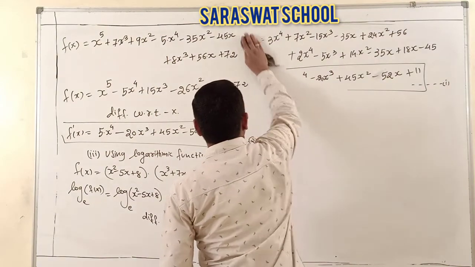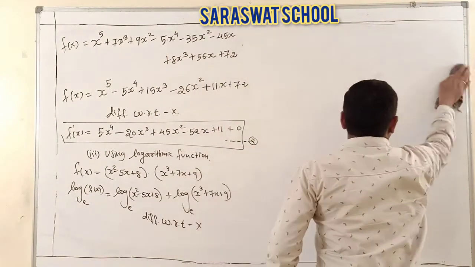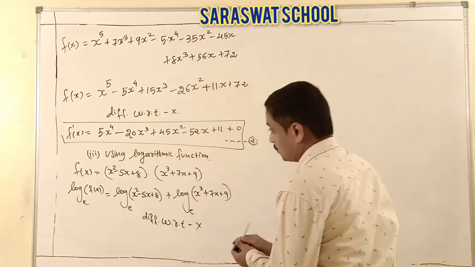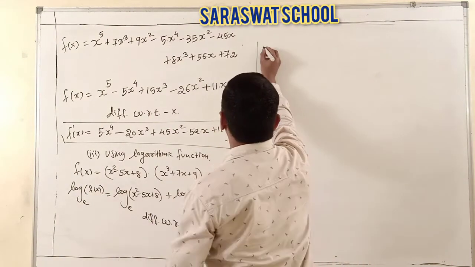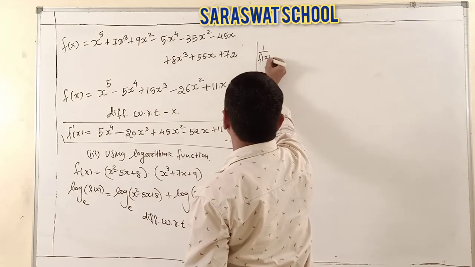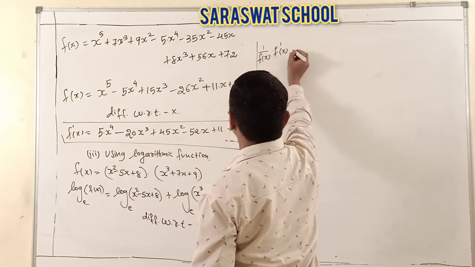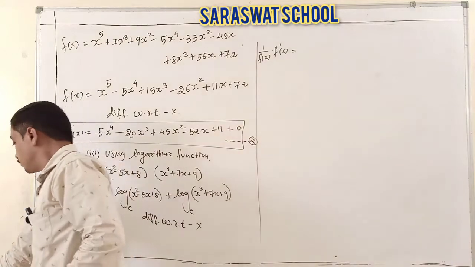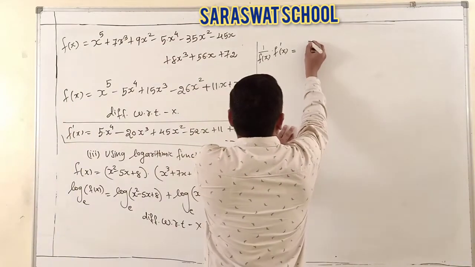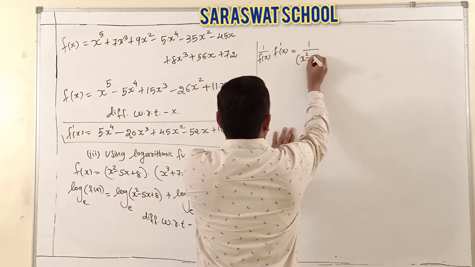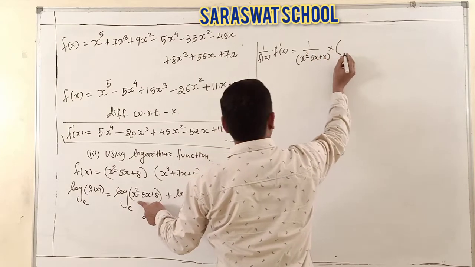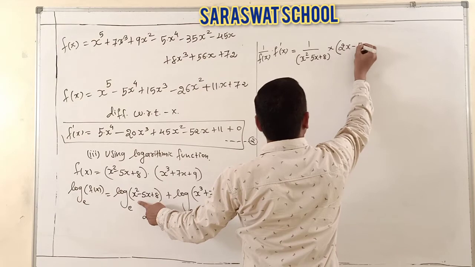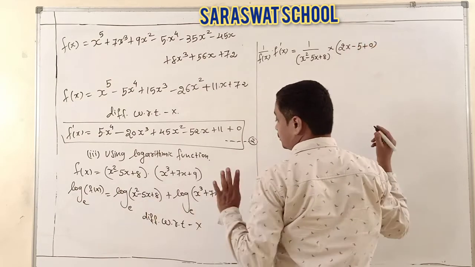It's an easy derivative. So this derivative is 1 upon f(x), f(x) derivative is f'(x). Now right side, here 1 upon x² − 5x + 8 into, now this derivative is 2x − 5 and the derivative of 8 is 0.